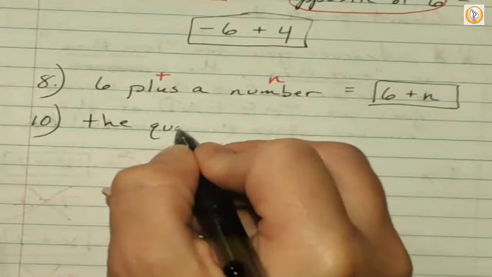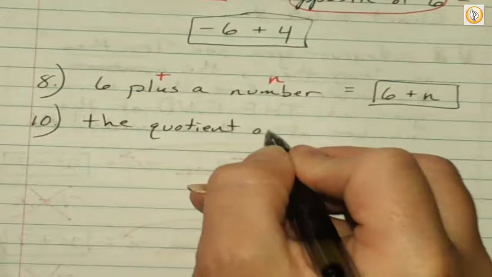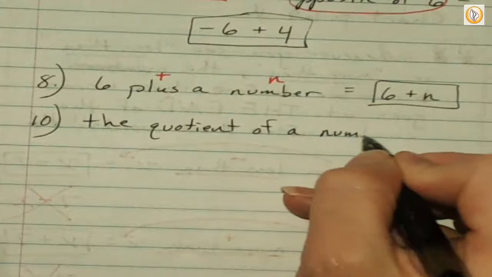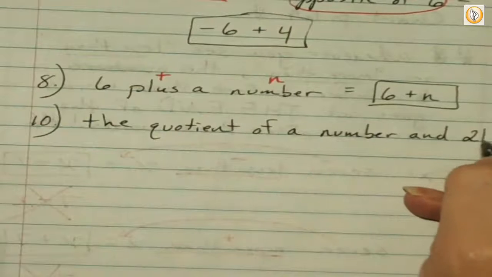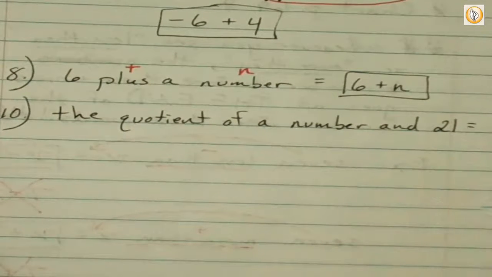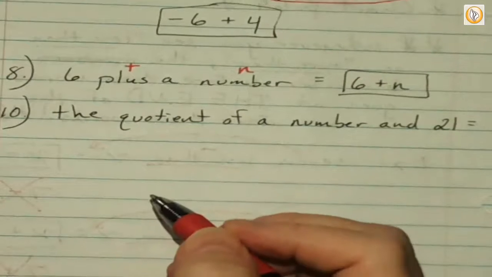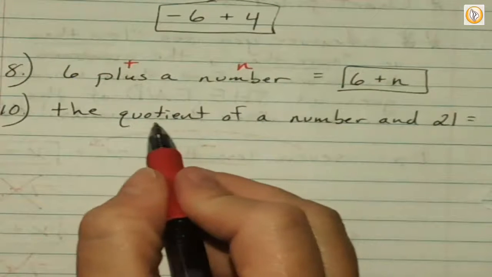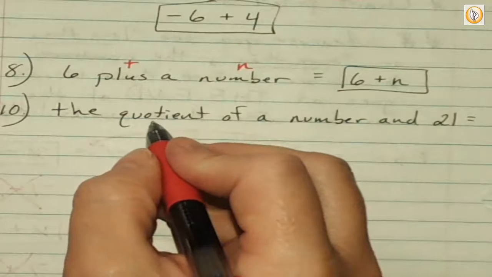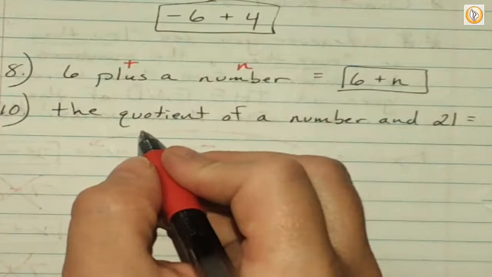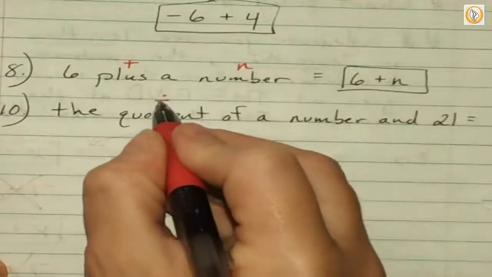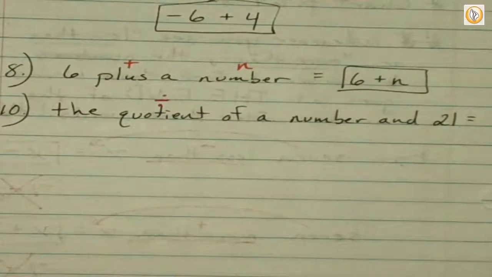Kelly, the quotient of a number and 21. All right, so Kelly, what does quotient mean? It's an answer to a division question. Division. Quotient, and I have it up here too, but y'all probably can't see that.